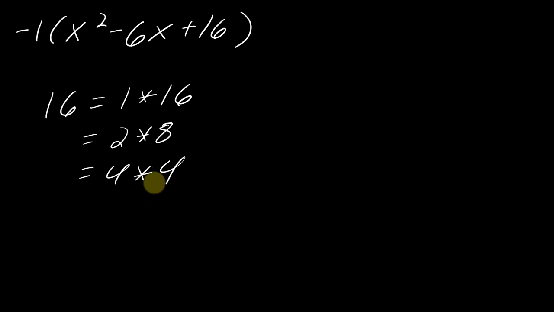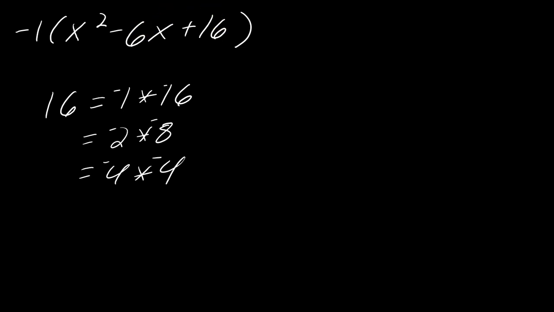Now, I need positive 16 here, so for this to end up positive but for the sum to add up negative, the two terms will both have to be negative. So I'm going to throw a minus sign in front of all of these. These all have to be negative. That's the only way this can multiply to something positive but be negative.